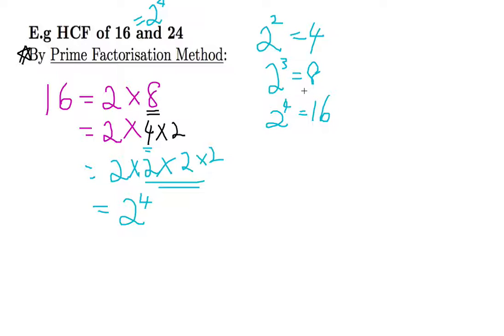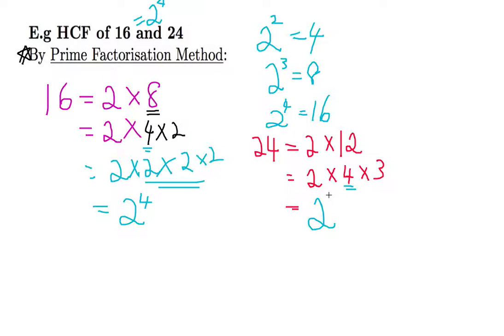Okay, so let's do it for 24. So 24 is, we can do 2 times 12. And then 2 times 6 times 2 if you want to, or you can just simply put 4 times 3, right? And since 4 is 2 times 2, we have 2 cubed.